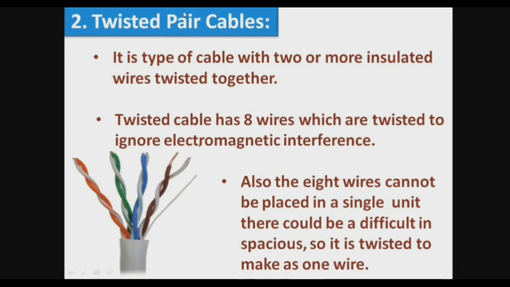Second type of cable is twisted pair cable. It is a type of cable with two or more insulated wires twisted together. Initially, it consists of only two wires, and these wires are twisted with each other.